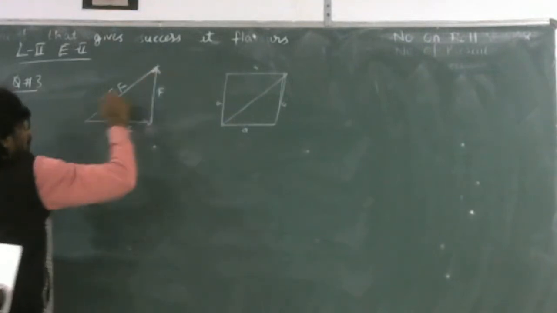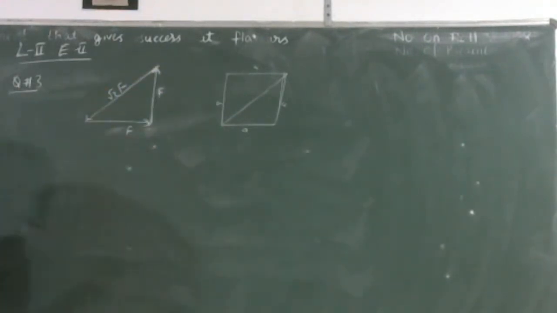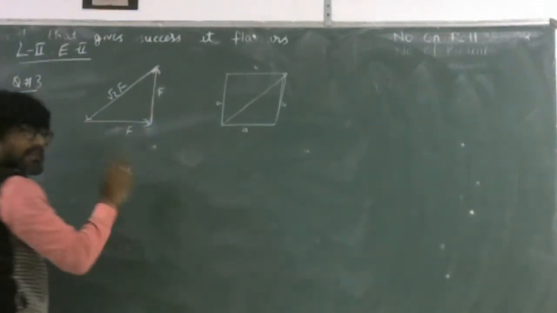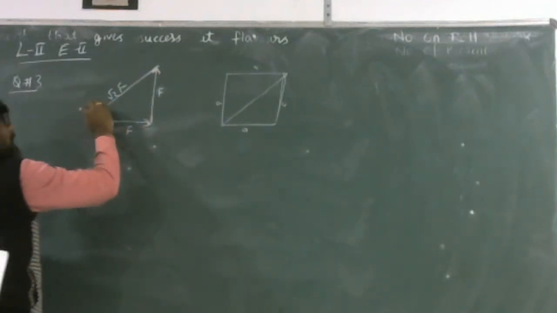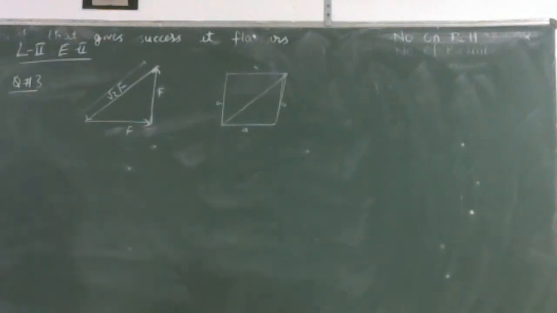If you take them in order, the sum of these 3 will be equal to 0. Or from the triangle law, if these 2 vectors represent 2 sides of a triangle taken in order, then the closing side taken in reverse order gives the resultant.